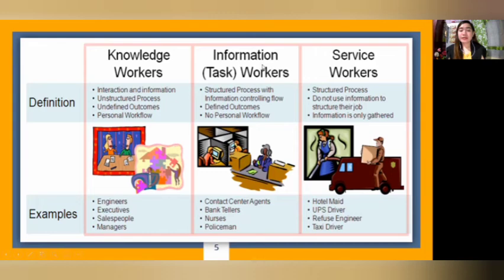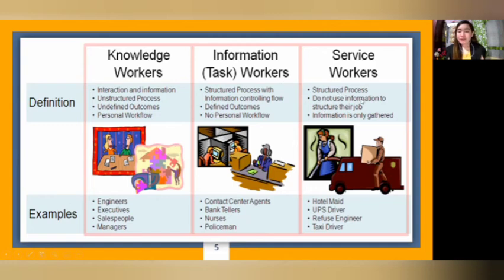Second, we have information or task workers. They have unstructured process with information controlling flow. They also have defined outcomes and they have no personal workflow. For example, contact center agents or call center agents, bank tellers, nurses, and policemen.